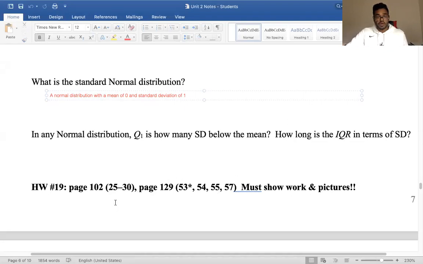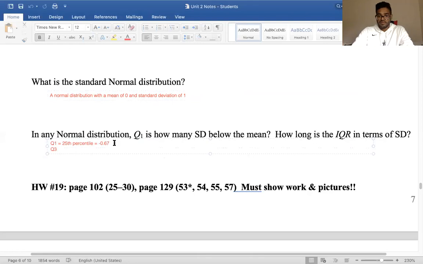Okay, so the way we think about this, Q1 represents what percentile again? It's 25th. Then if I go to the chart, again, look in the middle for the 25th percentile, find the closest one, you get negative 0.67. Okay, I can do the same thing with Q3.